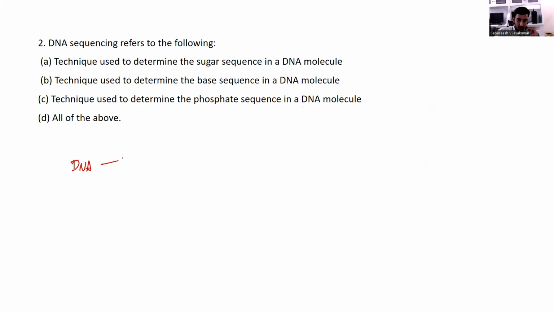DNA sequencing is used to determine the sequence of the 4 bases. So sequencing is connected with the base sequence analysis in a DNA molecule. The correct option is option B, a technique used to determine the base sequence in a DNA molecule.